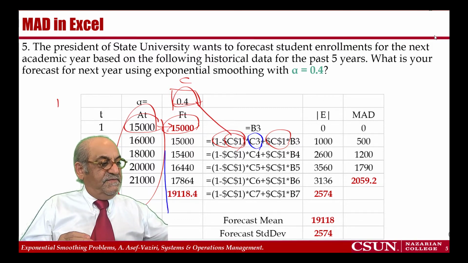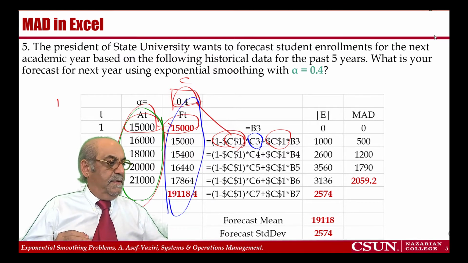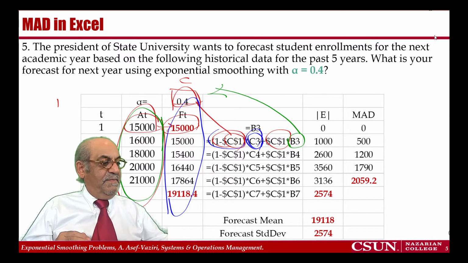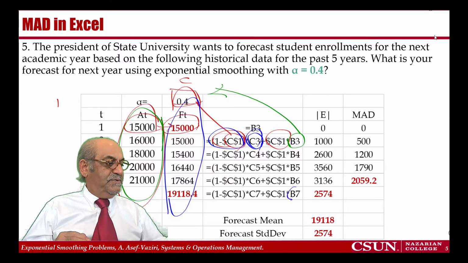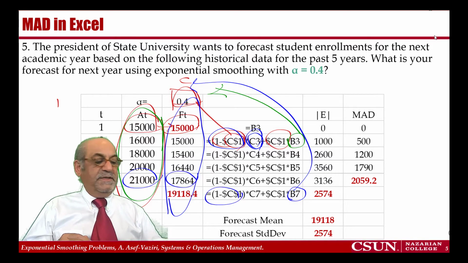So if this is forecast, and if this is actual, multiplied by alpha, forecast multiplied by 1 minus alpha. Actual, which is here, multiplied by alpha, and forecast, which is here, multiplied by 1 minus alpha.